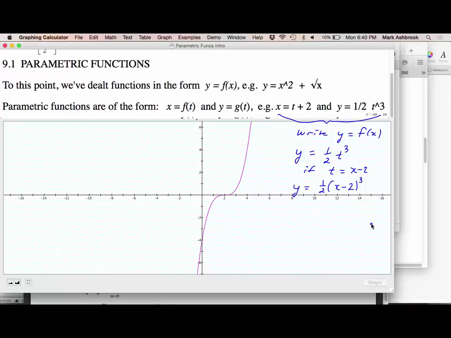Which is the same. So what's the same about this? It's the same set of points. You get the same set of points, but now the parameter's gone. That generates the same set of points as before.